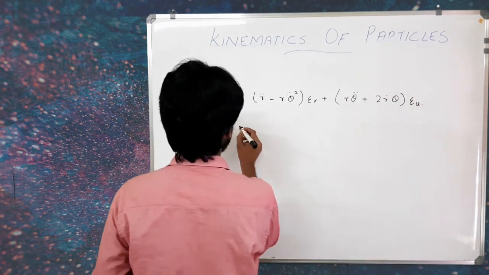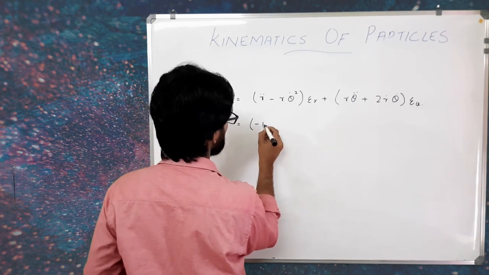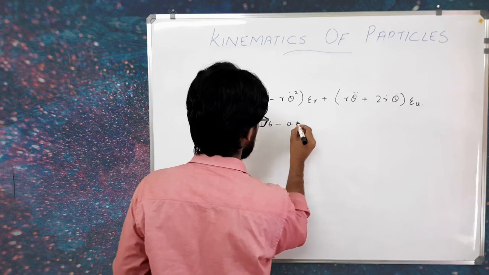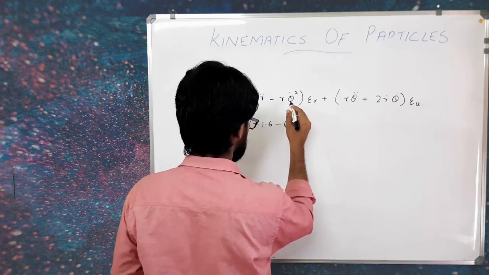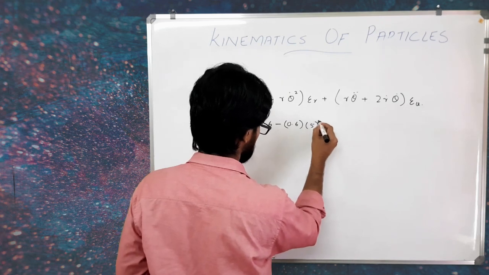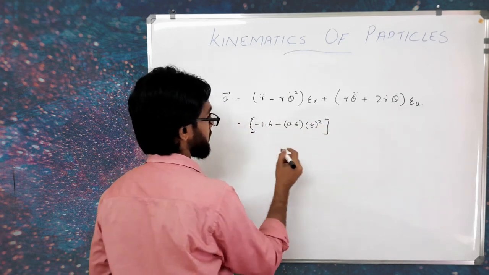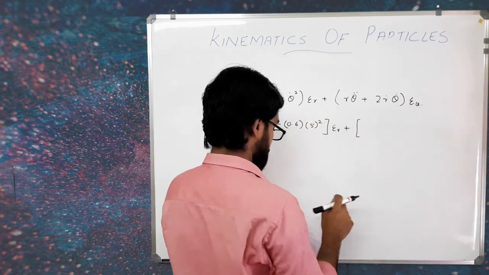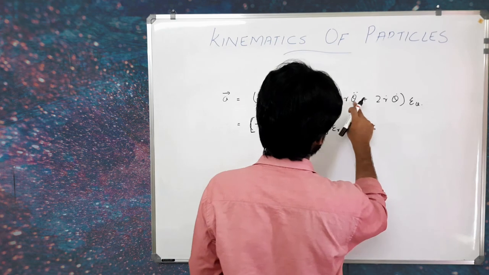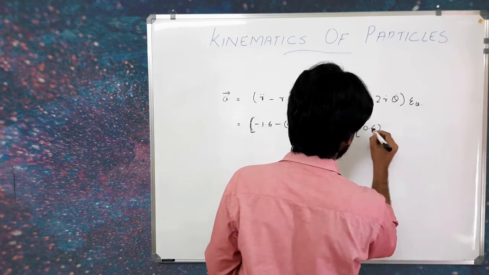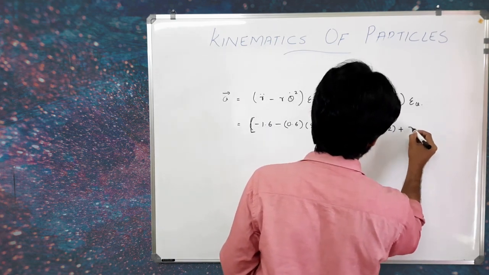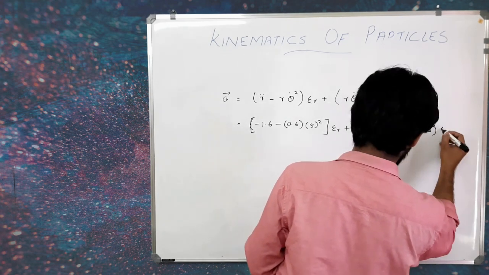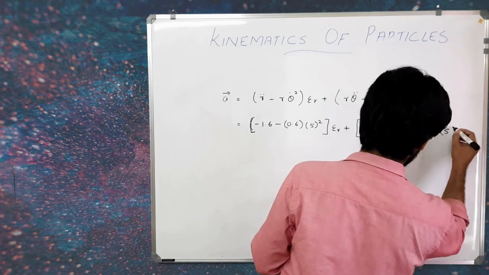Now substituting the values, we have here minus 1.6 minus the value of r, it is 0.6, so 0.6 into theta dot, it is 5, so 5 square epsilon r plus r, the value is 0.6, so 0.6 into theta double dot, the value is 2, plus 2 into r dot, the value is minus 0.3, theta dot the value is 5.